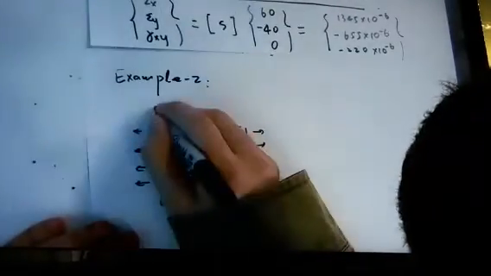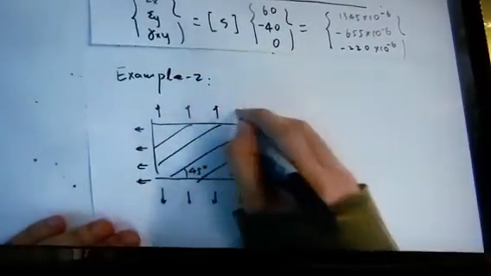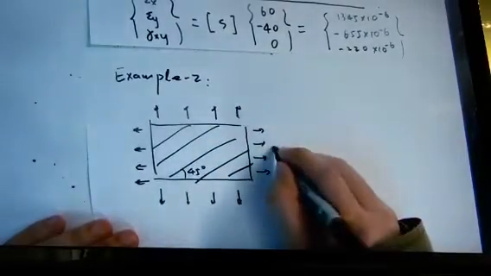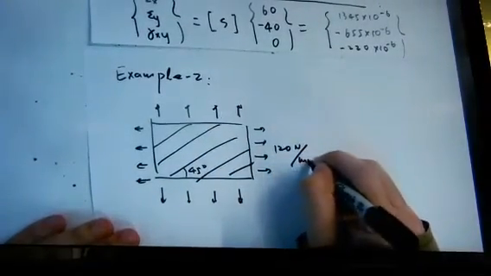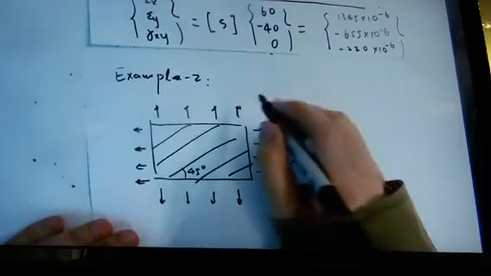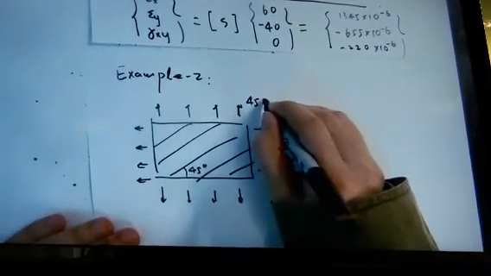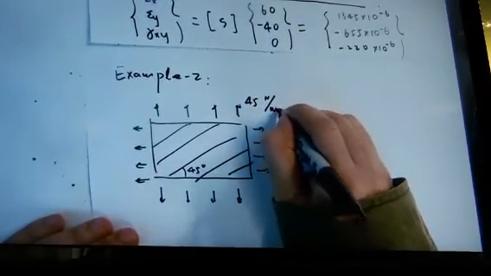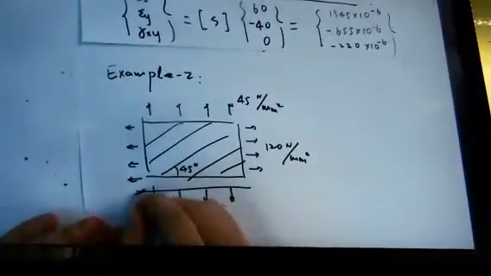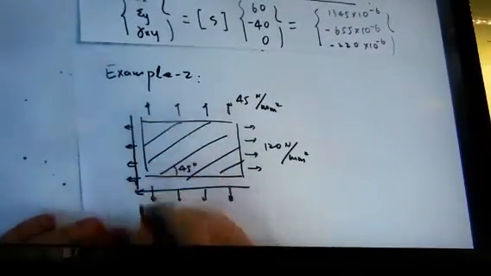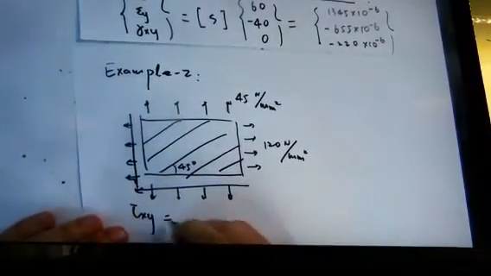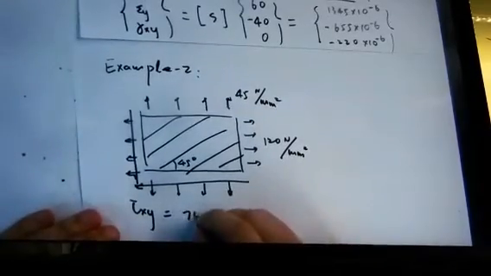And this is a stress of 120. This one is 45. And there's a shear stress here, tau xy equals 70.